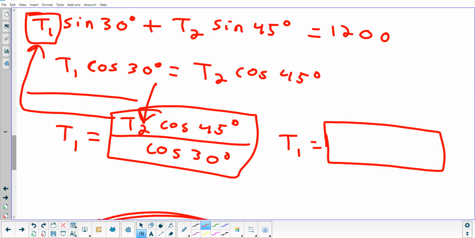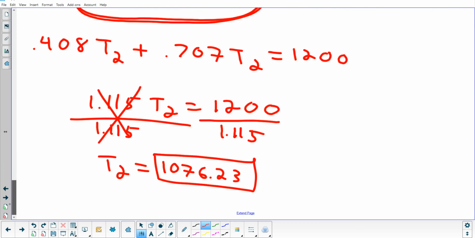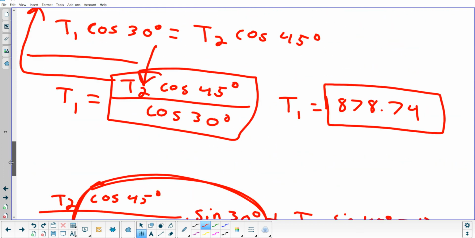I got 878.74. Okay. So that should be the tension in each cable. Definitely more than the total weight of 1200, but that's because the cables are pulling against each other.